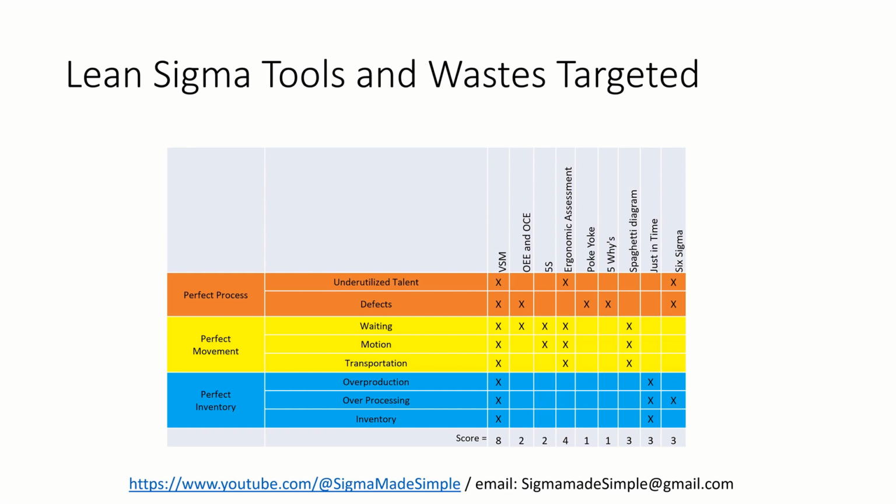The whole point of showing you this matrix is to show you that the VSM has the potential to affect the majority of it, and 5S and ergonomics together can affect more areas, and then the other tools have somewhat limited effect, but in that particular area like Yoke, you can eliminate defects with Yoke. So it has a huge impact, whereas VSM might be calling up Yoke.